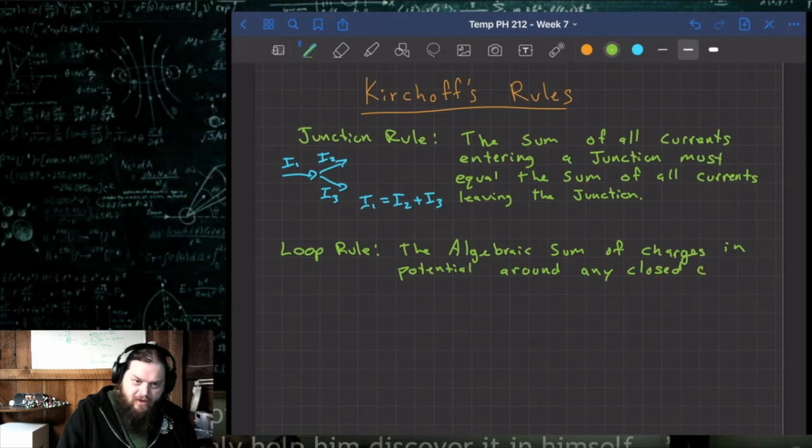So it's basically a loop that we're looking at for these closed circuits, this closed circuit path. So I'll put loop here. Must be 0.